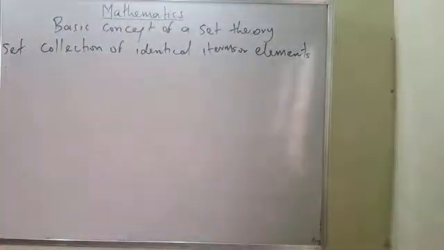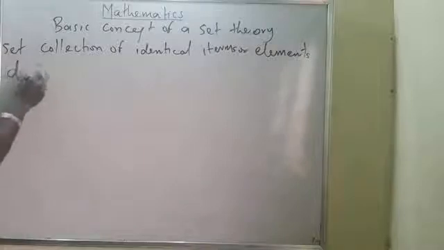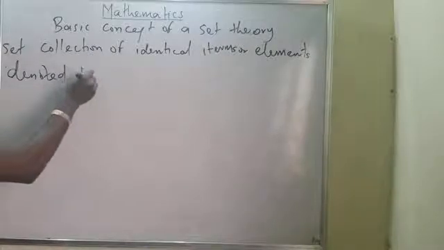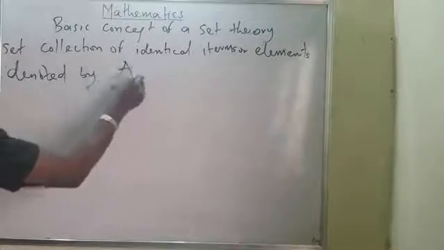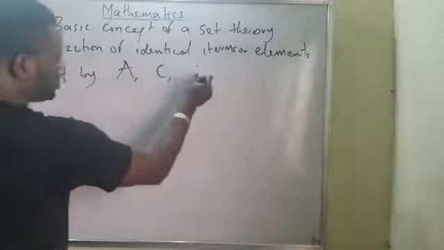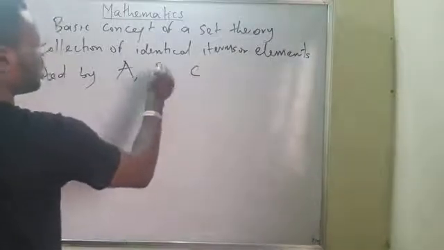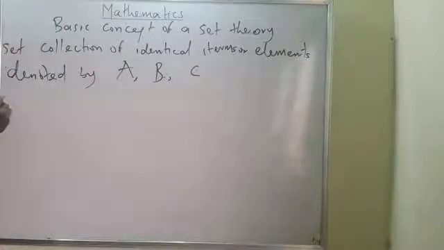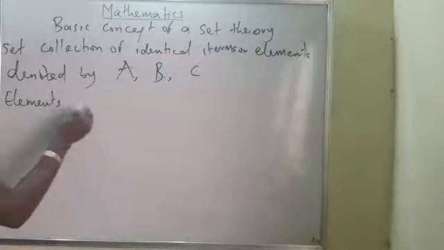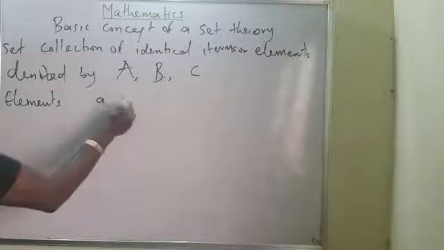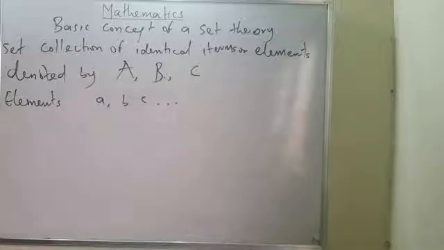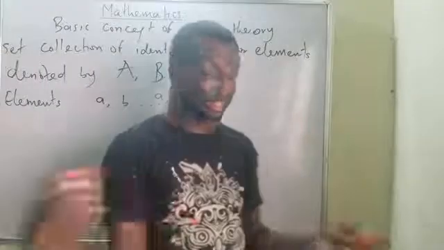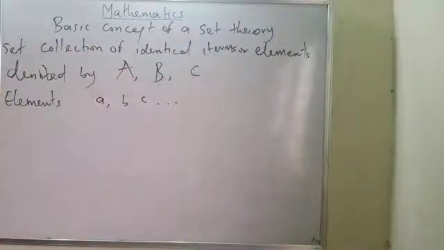Now, a set is denoted by a capital letter, which is A, B, C. The elements or items of the set are denoted by small letters a, b, c, and so on. It can be numbers also, or symbols.